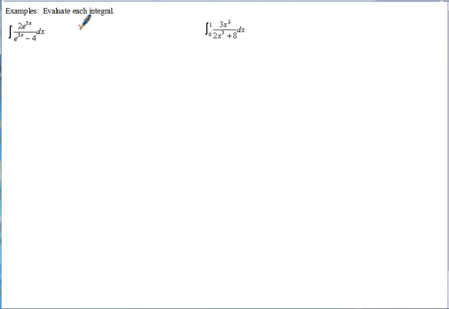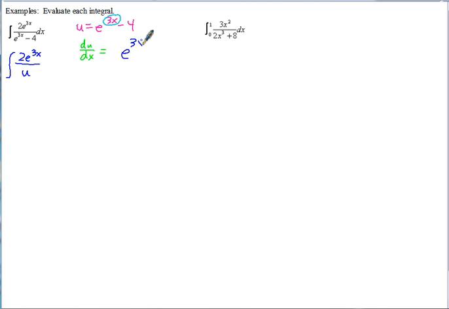So again, let's try setting u equal to the entire denominator, which is e to the 3x minus 4. And again, that'll allow us to rewrite this as 2e to the 3x over u, and then we just have to replace the dx by taking the derivative of u. Here we have to use the chain rule again because the 3x is the function inside. So derivative of e to something, remember that stays the same from the previous lesson.